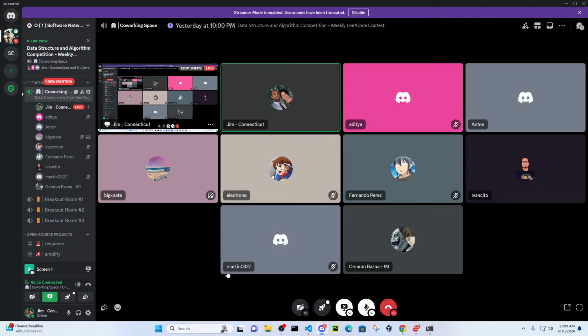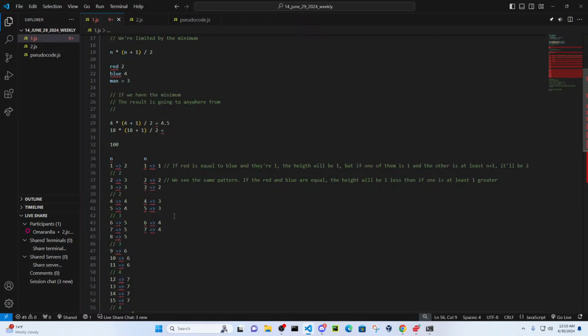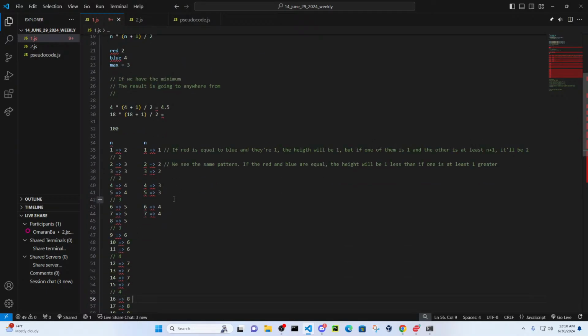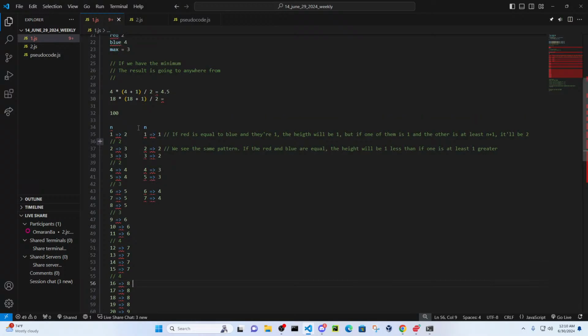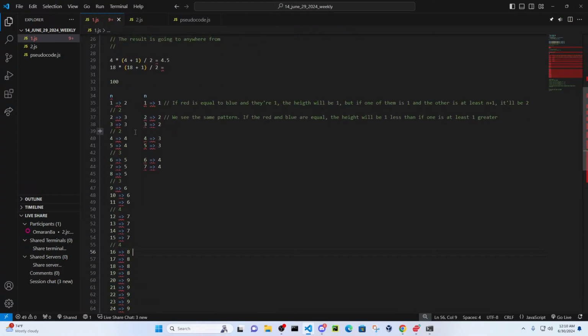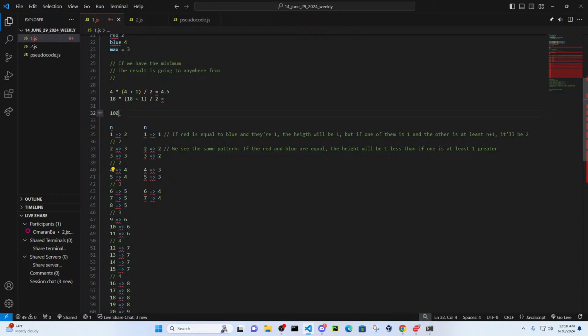It's not a complete solution, but I wonder if one of y'all could tell me whether I was on the right track or not. Basically, I was trying to find a mathematical solution. I was like, there's got to be an O(1) solution for this. I looked at if n was 1, 2, 3, 4, 5, and all the way down here, assuming the other one was 100.